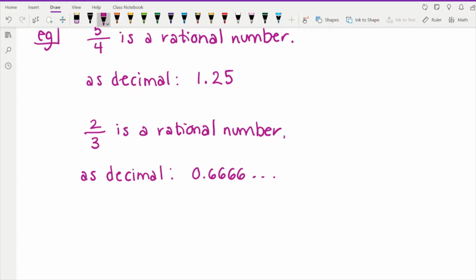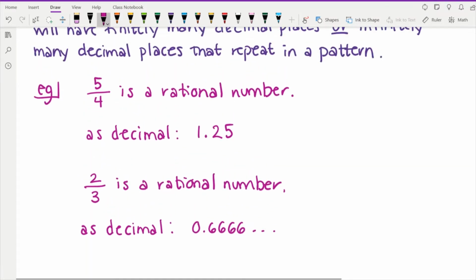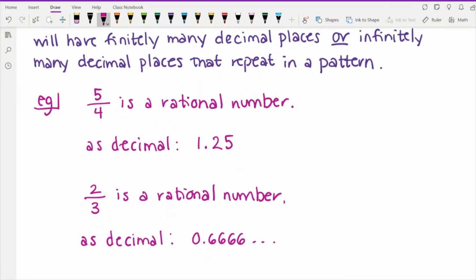And so when I say infinitely many repeating with a pattern, this is an example of that, right? It's a very simple pattern. It's a pattern where it just repeats the same number. There are other rational numbers where maybe it goes 1 2 1 2 1 2 1 2, or 5 6 7 8 1 5 6 7 8 1. Anything that repeats with a pattern is always going to be a rational number.